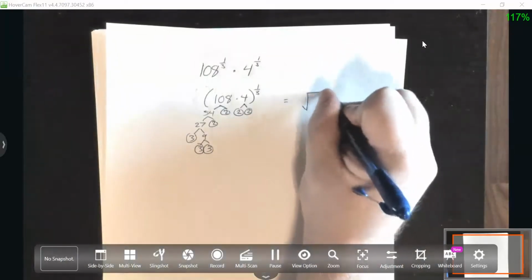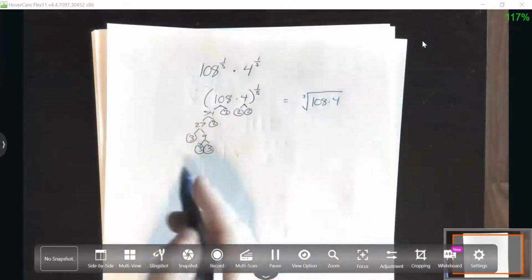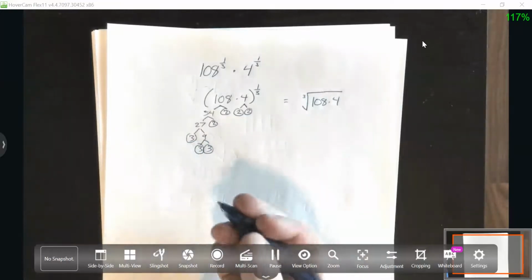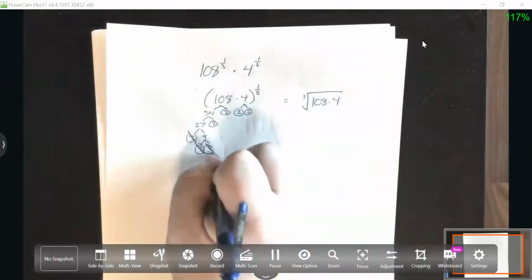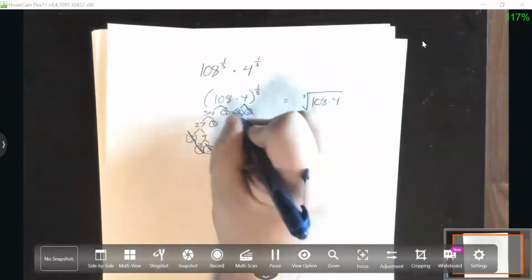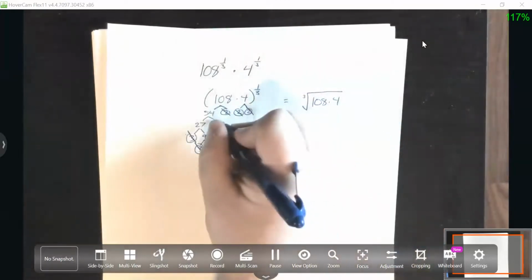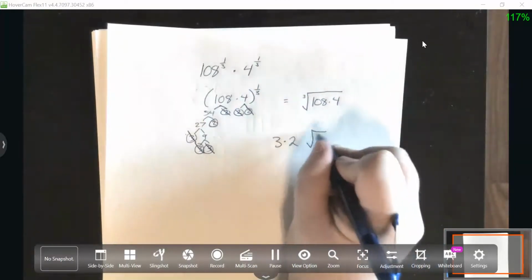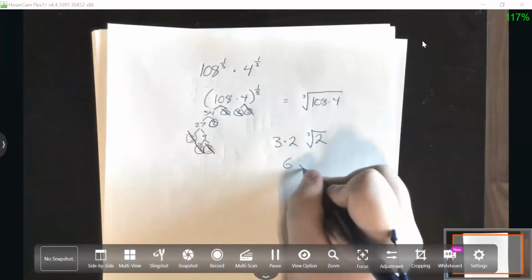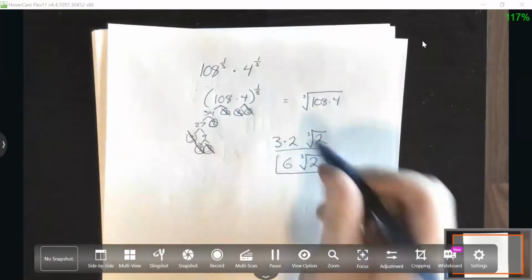So that's the cubed root of 108 times 4. Now we've broken it down and we know it's a cubed root. We know that we need to have 3 things. There's 1, 2, 3, 3's, so I'd have a 3 outside. There's 1, 2, 3, 2's, so I'd have a 2 outside. And there's 1, 2 left behind. So this reduces to 6 cubed root of 2.